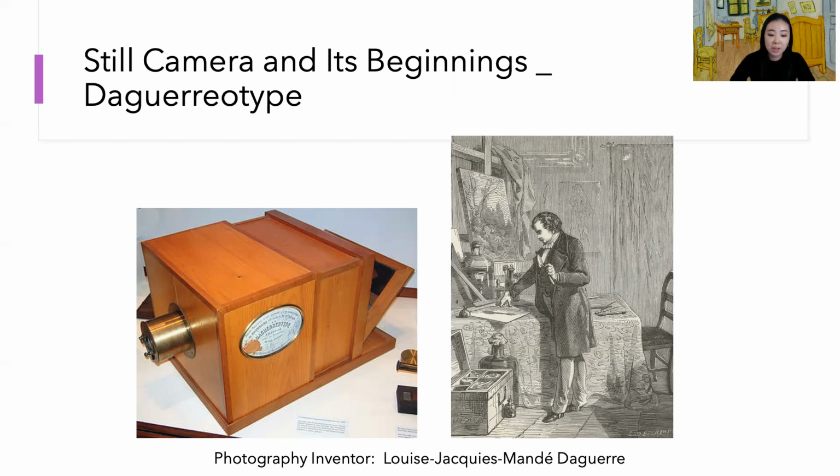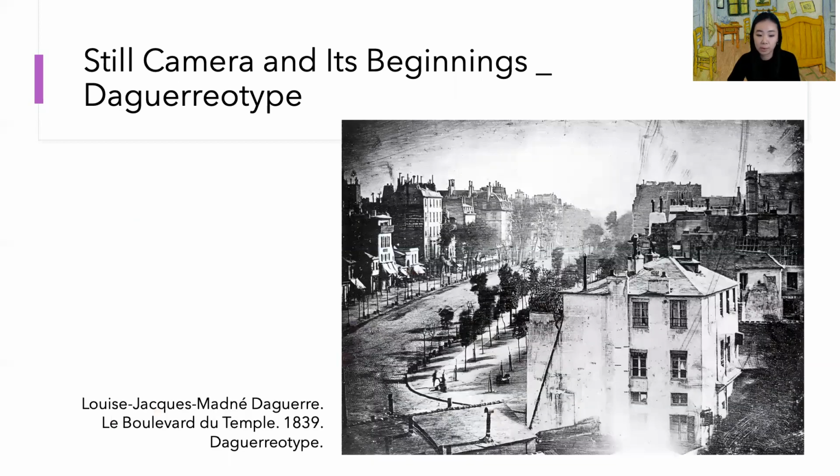Daguerre's light-sensitive surface was a copper plate coated with silver iodide, and he named his invention the daguerreotype. This is his breakthrough photograph.